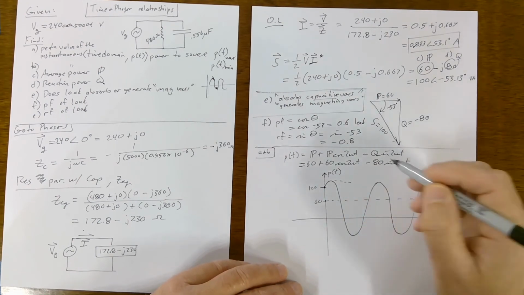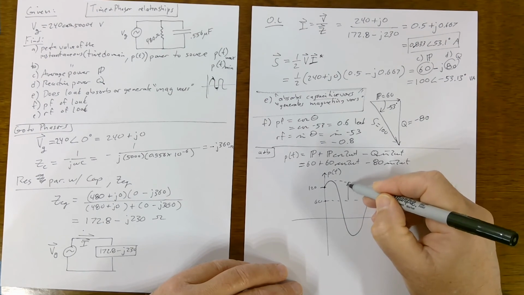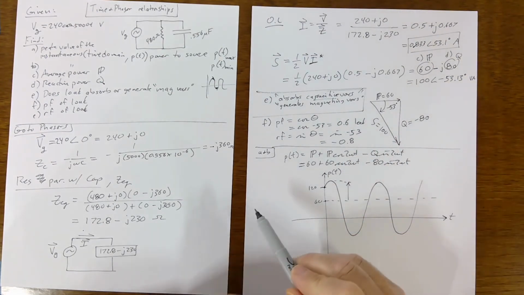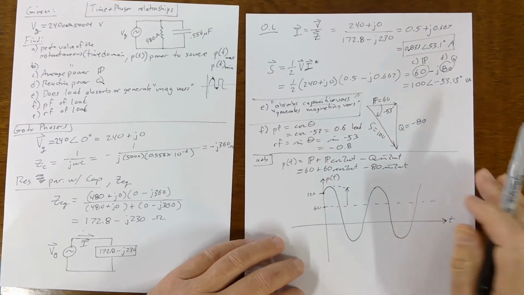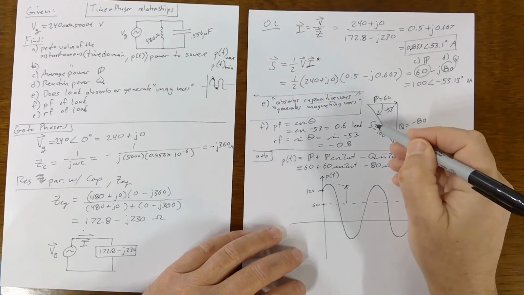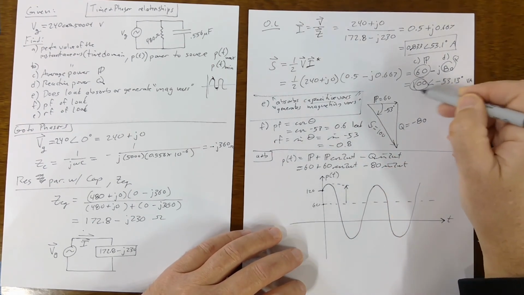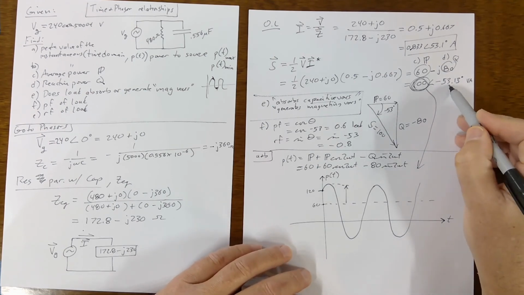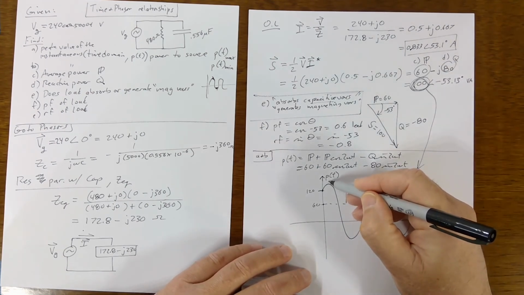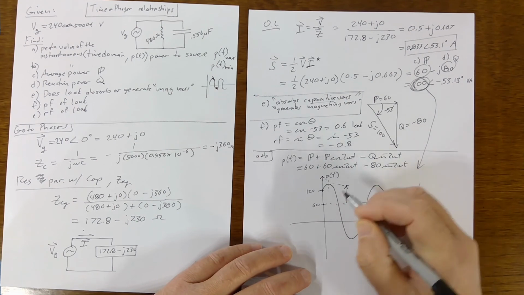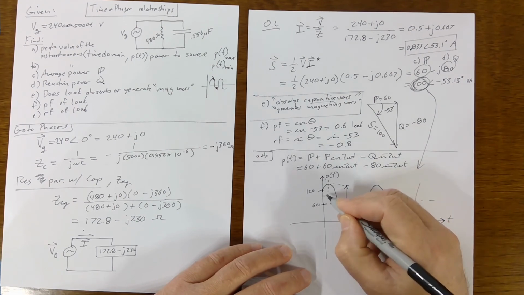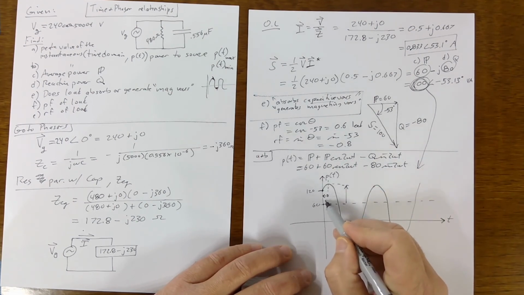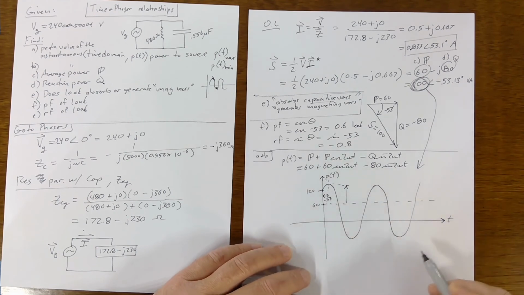So the complex power has an amplitude of, where's the complex power? S. It has an amplitude of 100 and an angle of 53. So the 53 is in here. This would be this thing right here. This distance is minus 53.